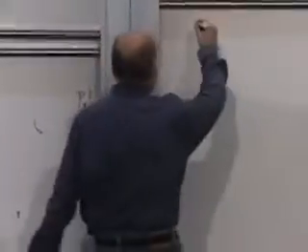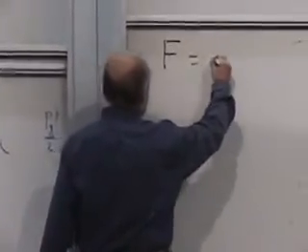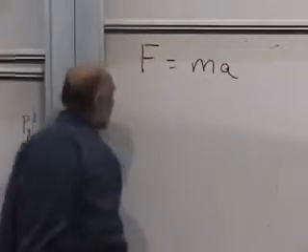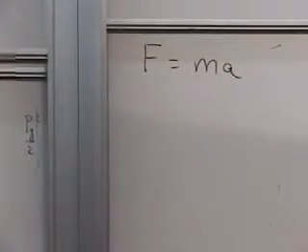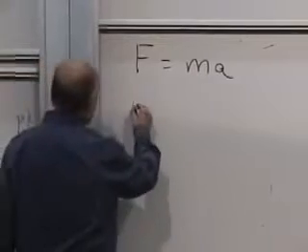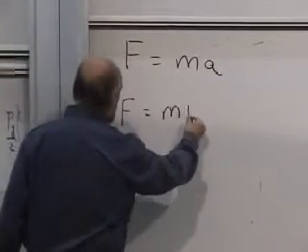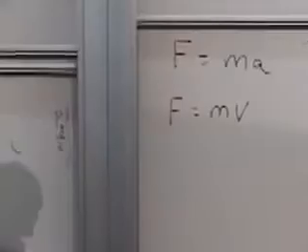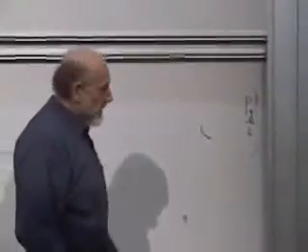We know what the real equations of motion of Newton are, F equals ma. It contains acceleration. Let's write a phony equation. Let's write F equals mass times velocity.